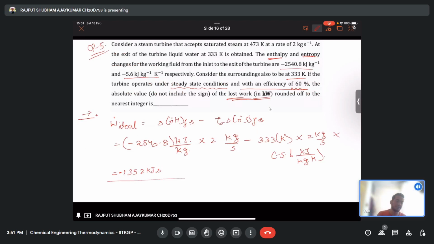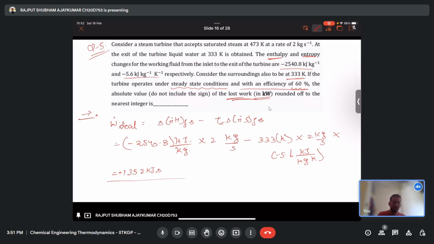If you integrate with temperature and pressure, you arrive at a particular equation, and you can relate it to the efficiency of the system: the work done or work lost during an ideal system. These are interrelated concepts, but if you don't know what enthalpy and entropy are, it will be difficult for everybody. What I've been trying to say again and again is to try to solve these questions on your own once.